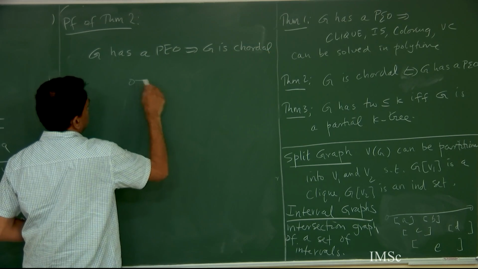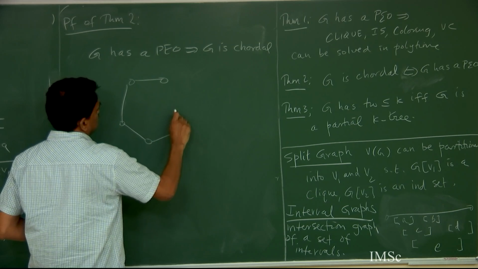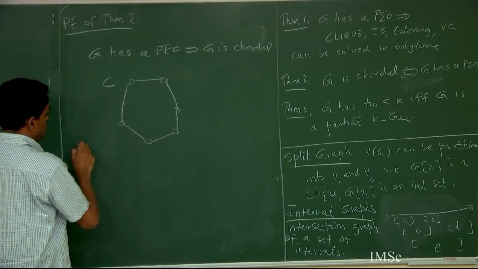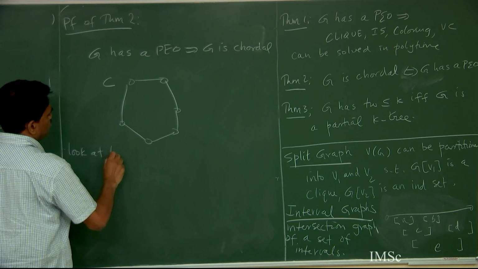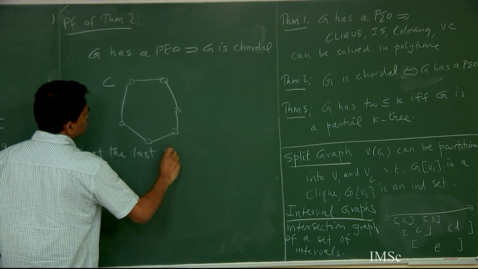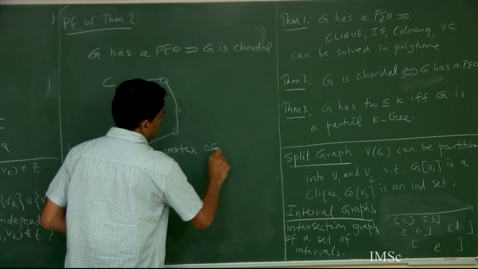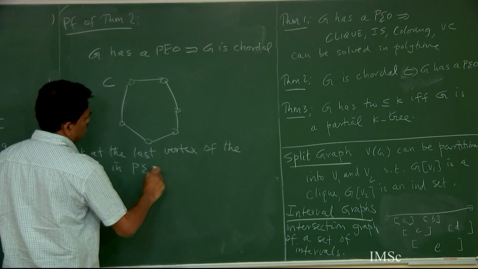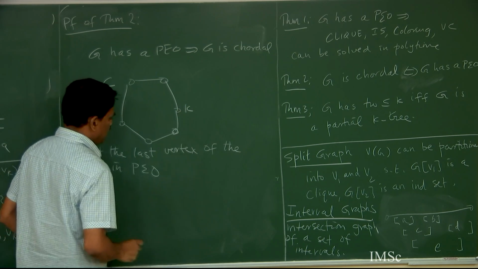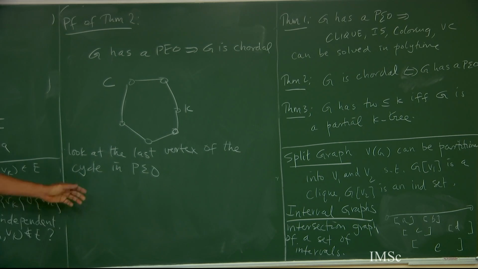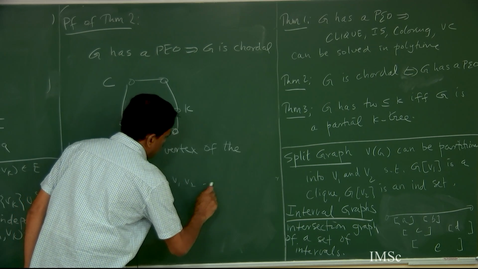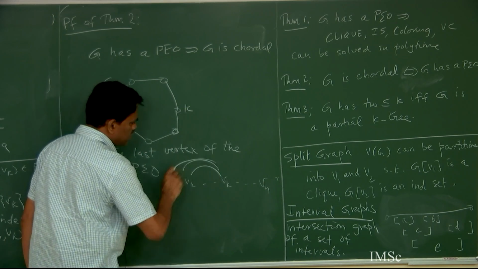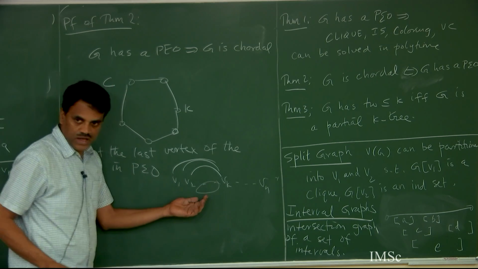Because if you take a large induced cycle C and look at the last vertex, let us say this was the last vertex k in that perfect elimination ordering, then because of the perfect elimination ordering, you know that all its neighbors before it form a clique.